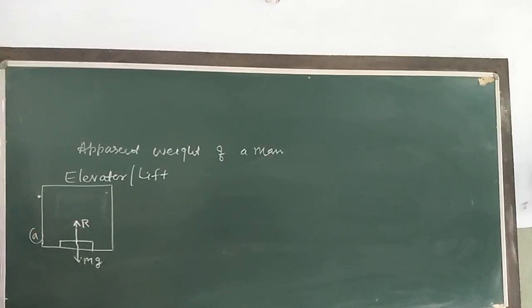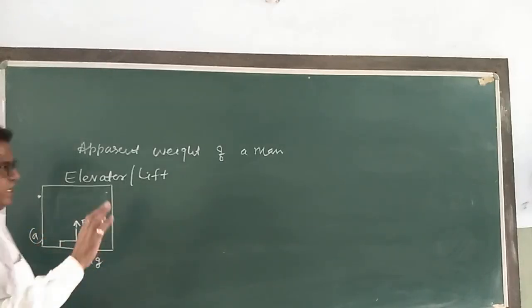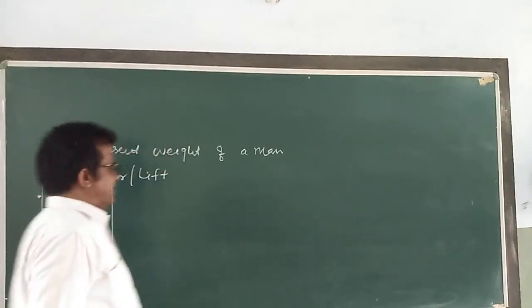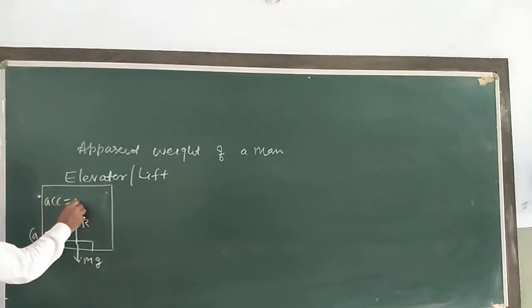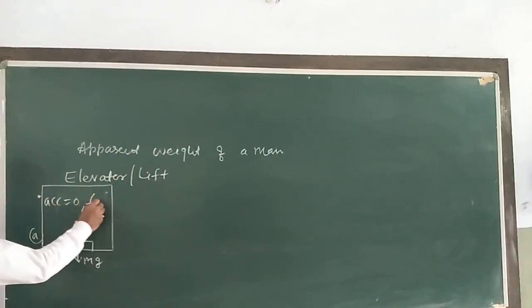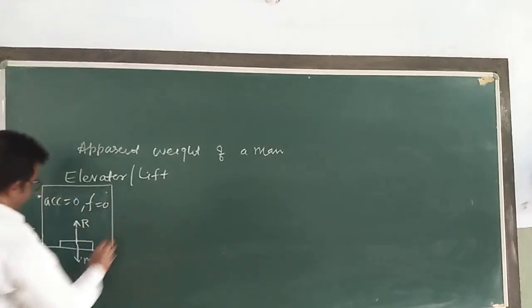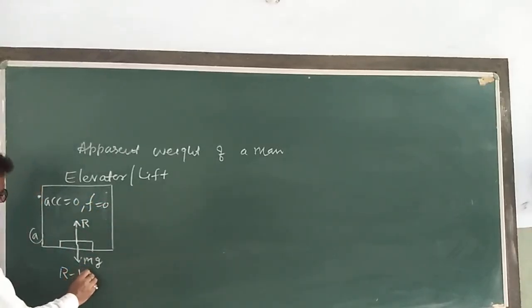When the elevator is at rest, there is no movement of the elevator, then the acceleration of the person is 0. Net force on the person is 0. F is equal to 0. I can say R minus mg is equal to 0, or I can write R is equal to mg here.